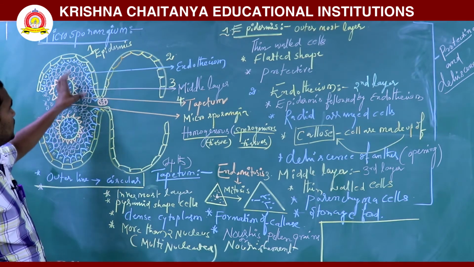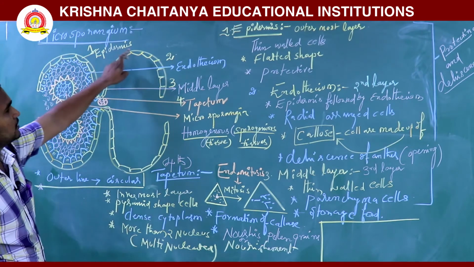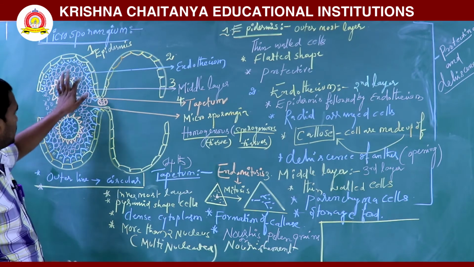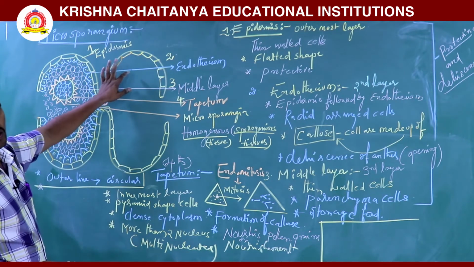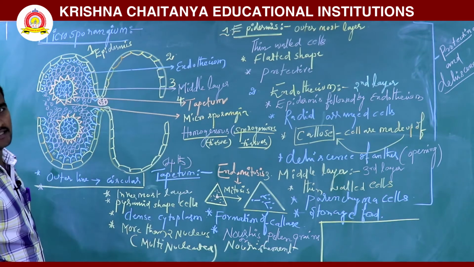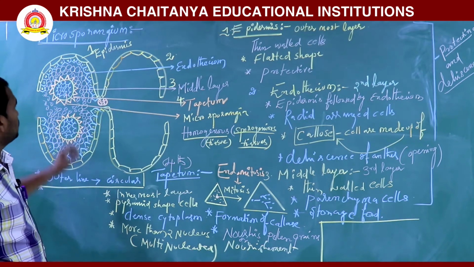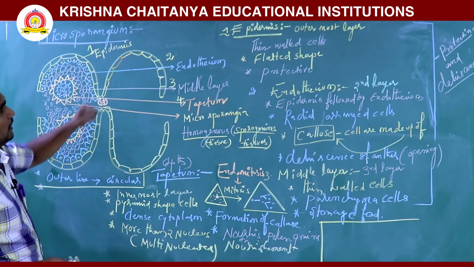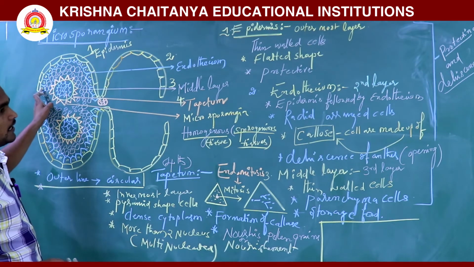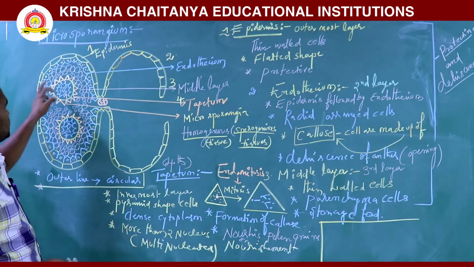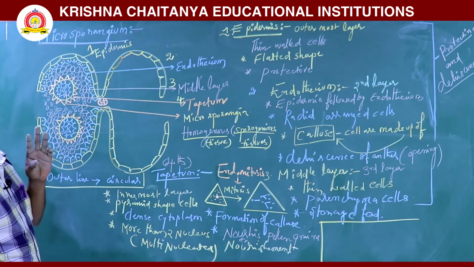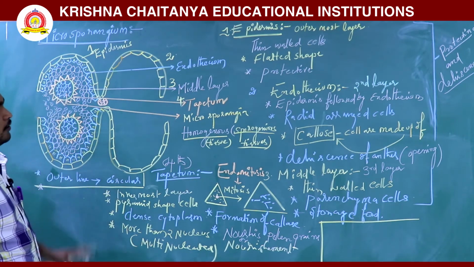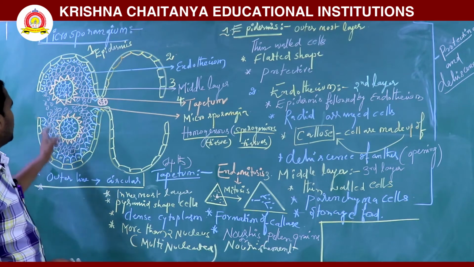Yesterday we already discussed this: this is one lobe, this is the other lobe. The first lobe has two thecae, and in total there are four thecae, which is why it is called the tetrathecous condition. What layers are there on the inner side? The outer layer is the epidermis, the next is the endothecium, followed by two to three middle layers, and then the tapetum.